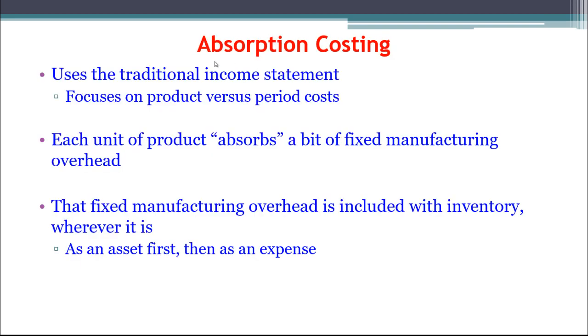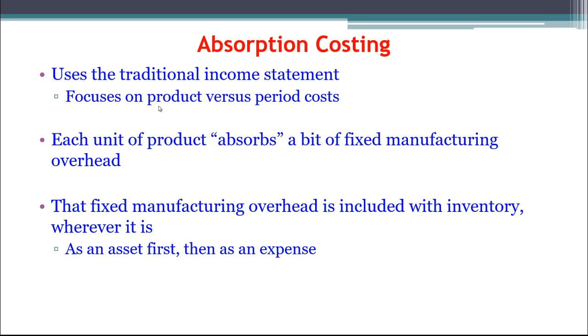So the absorption costing method, by the way, GAAP, Generally Accepted Accounting Principles, they require this method. This is the traditional income statement that you're familiar with from financial accounting. It is the difference between above the subtotal and below the subtotal, which again the subtotal here is gross profit or gross margin.